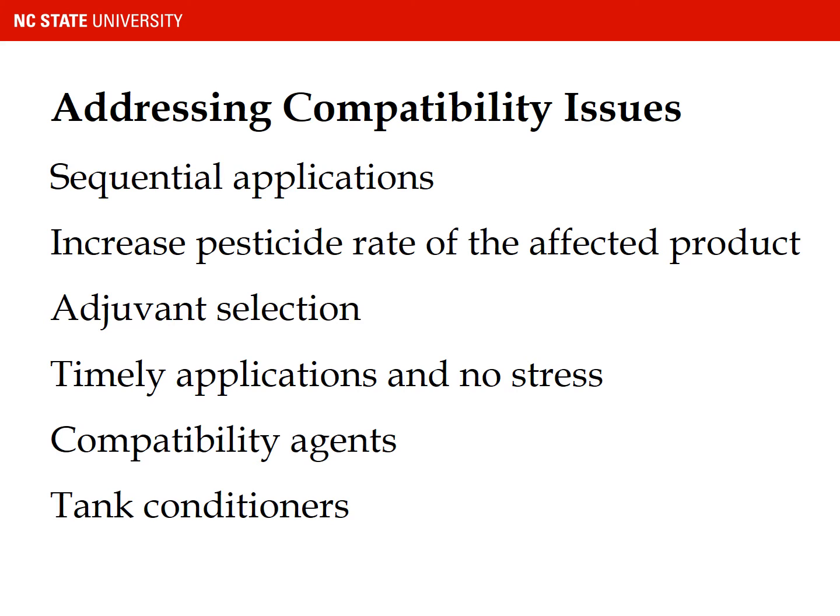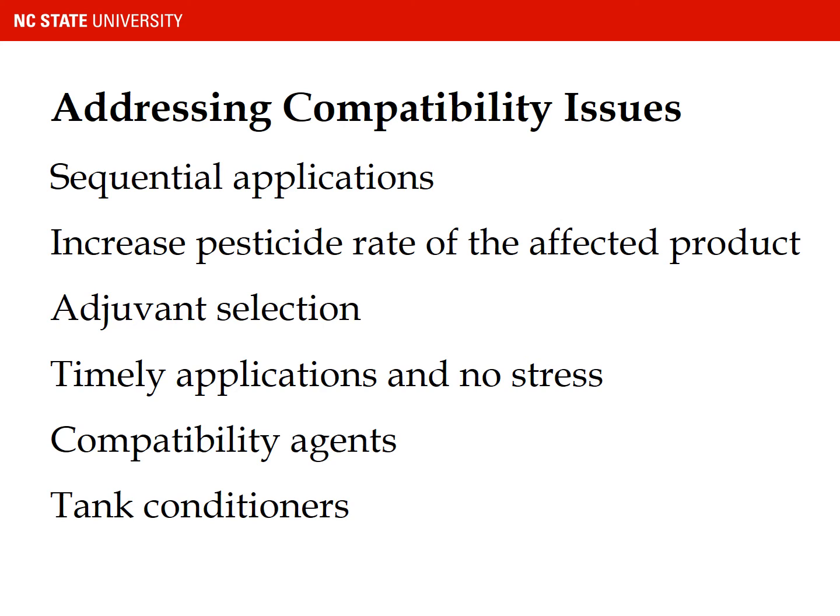So one of the ways that we can address compatibility issues if they do occur would be to make sequential applications. Most folks don't want to even hear that, especially if you talk about making an application today and waiting 2 or 3 or 4 days to make a next application. Folks just aren't often going to do that.